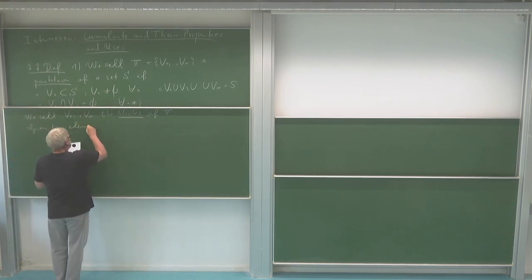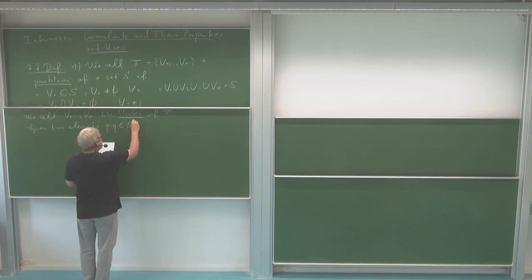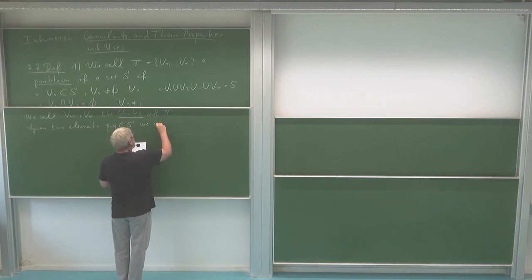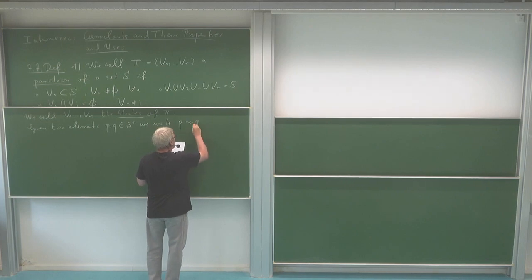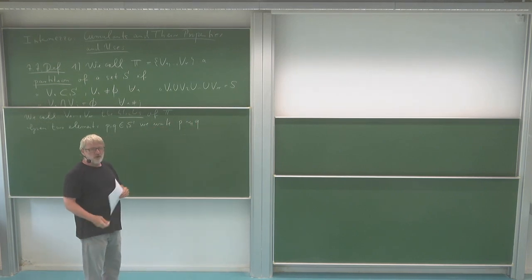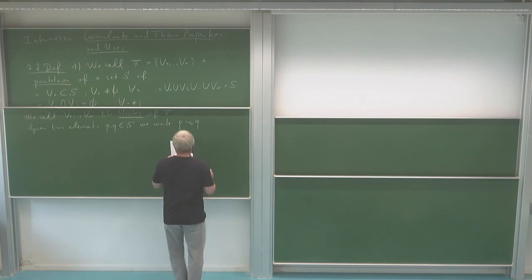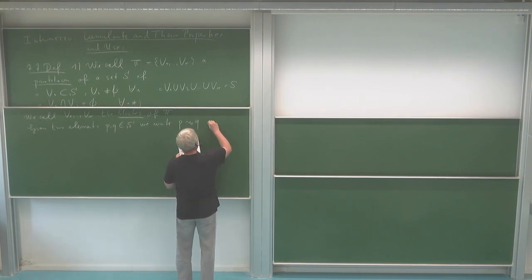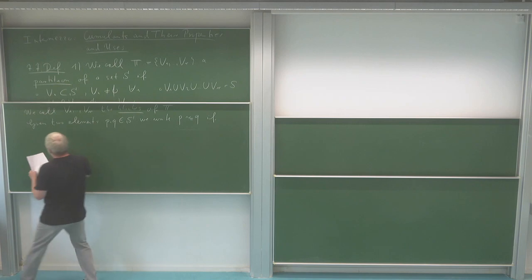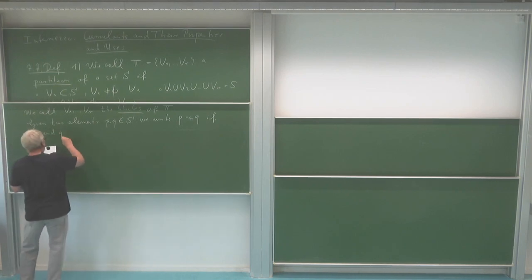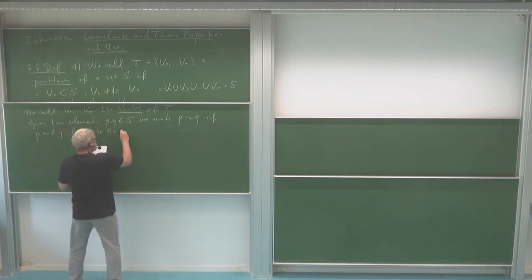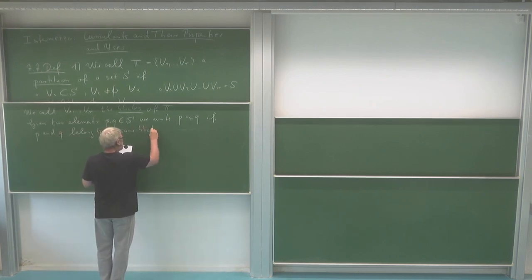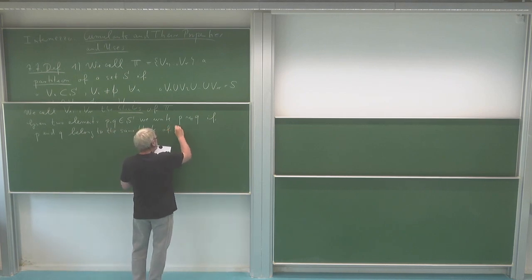So if I have two elements in my set, let's say p and q in S, then I say they are equivalent with respect to the given pi if p and q belong to the same block of pi.